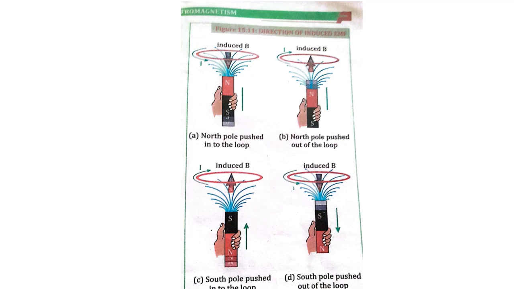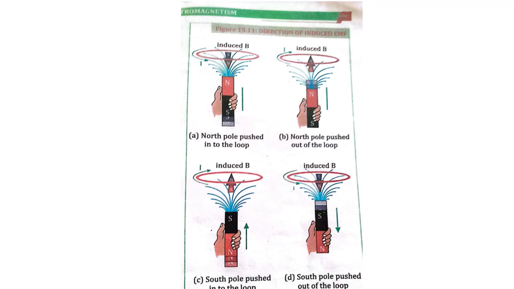If you see figure A, the north pole is pushed into the loop, and the current will be induced. In figure B, the north pole is pushed out of the loop, and again the current and EMF are induced in this case. In figure C, the south pole is pushed into the loop. The red circle line is basically the loop into which the south pole of the magnet is pushing inward.